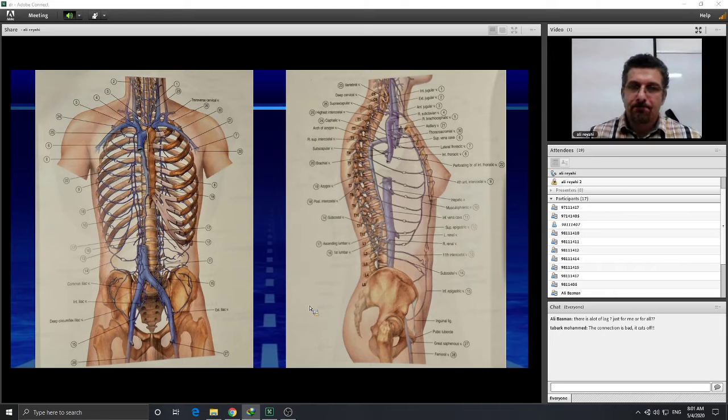In this picture you can see venous drainage of the thorax. In the thorax, we have two systems for draining venous blood.